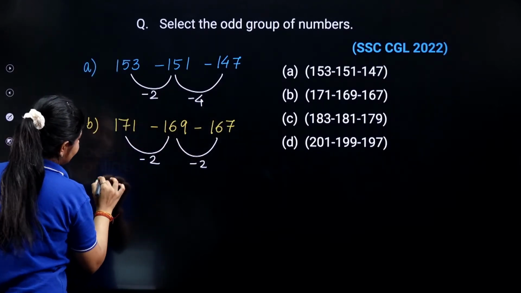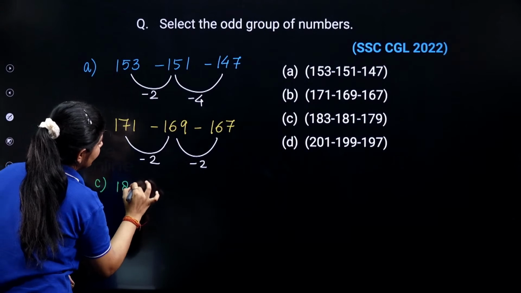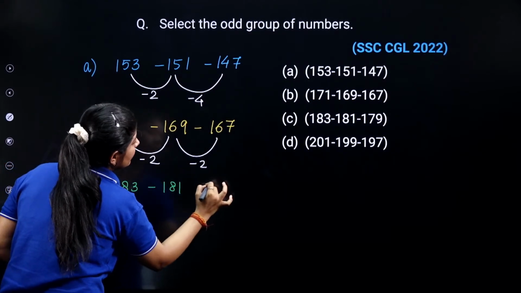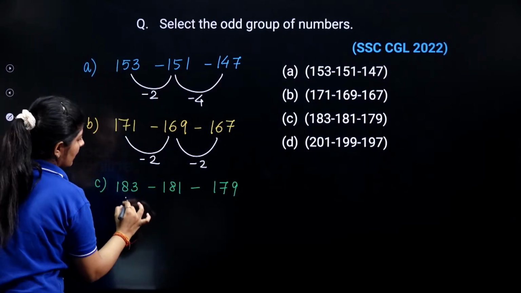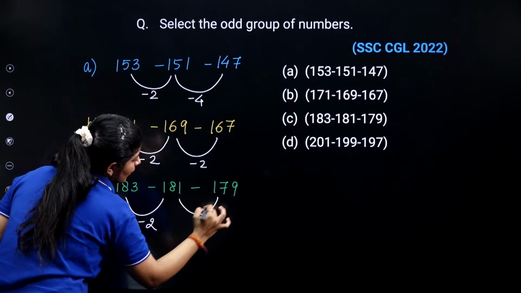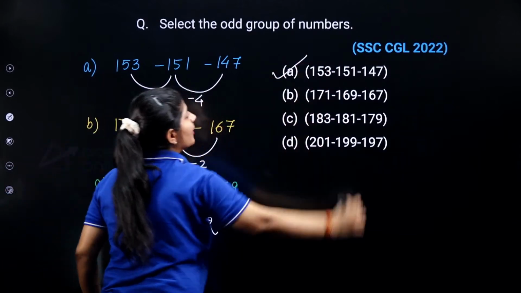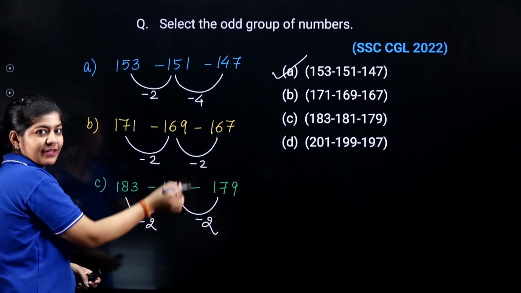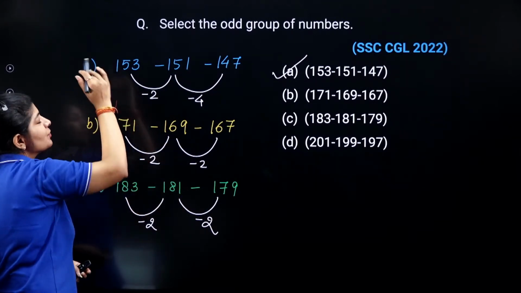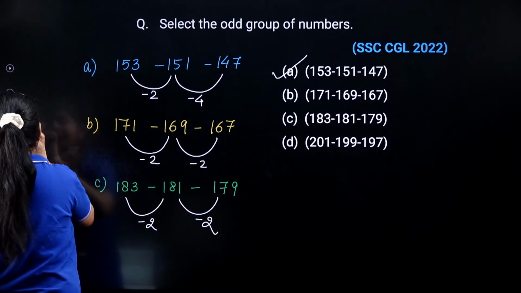Option number C. 183, 181, 179. -2, -2. Option number A is your odd one out, because here we have similar properties and this option is not following these similar properties.